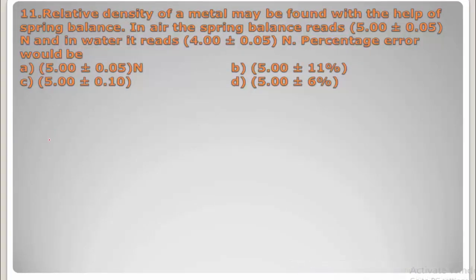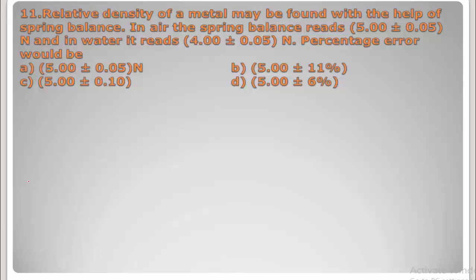Relative density of a material may be found with the help of spring balance. In air, the spring balance reads 5 plus or minus 0.05 Newton and in water it reads 4 plus or minus 0.05 Newton.